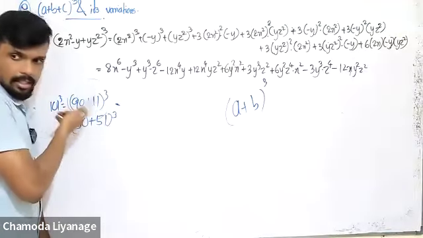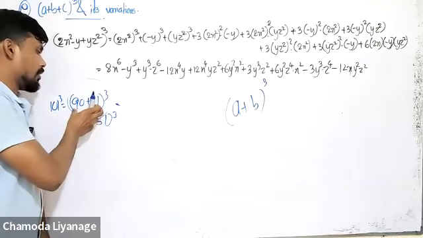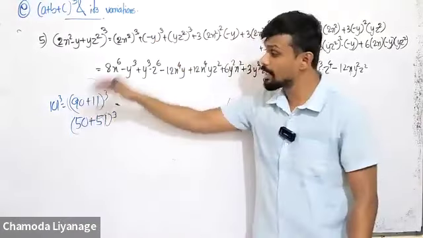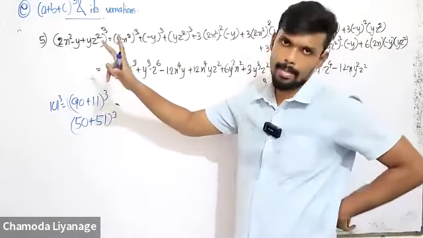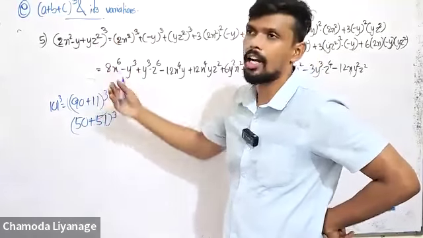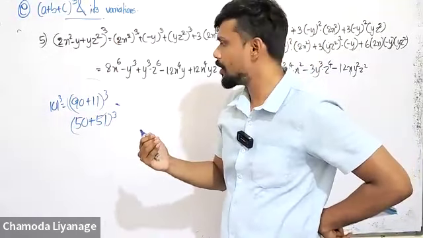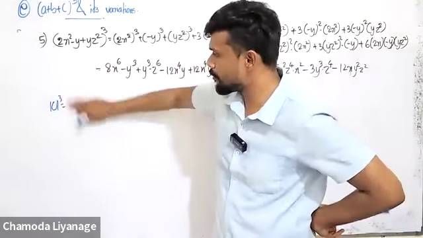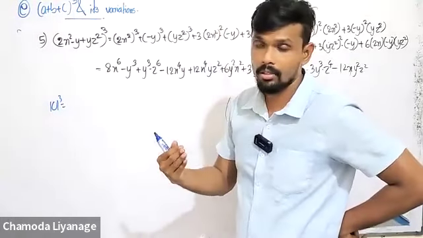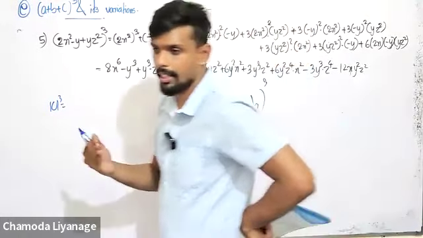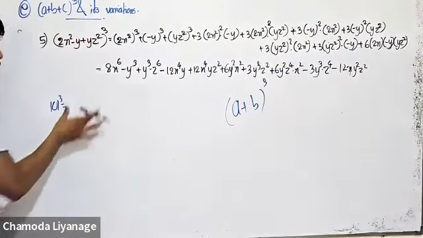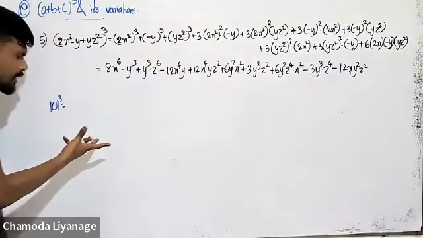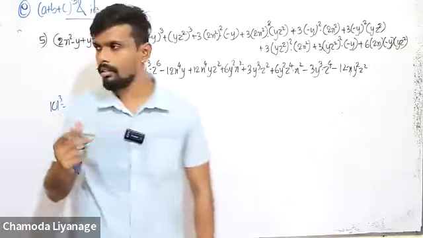But when we expand this, we get 90 cube, 11 cube, 3 times 90 squared into 11. They are very hard to find the values of, right? So when we write 101 cube as an addition or subtraction of two terms, our next step would be expanding those terms.